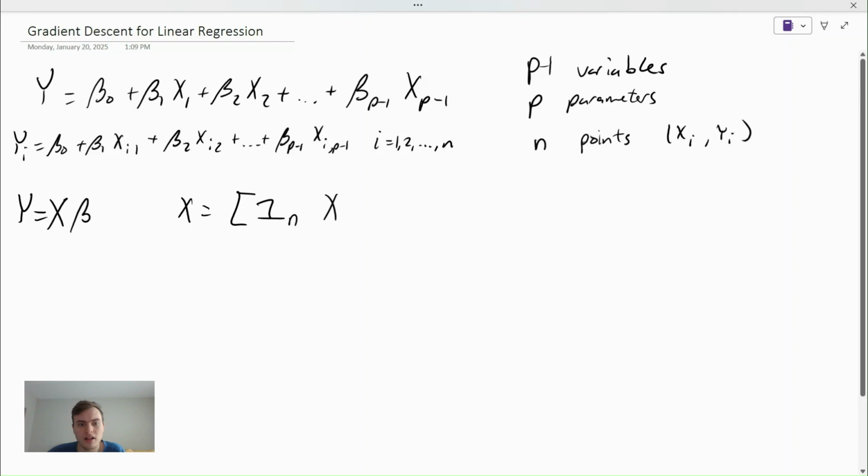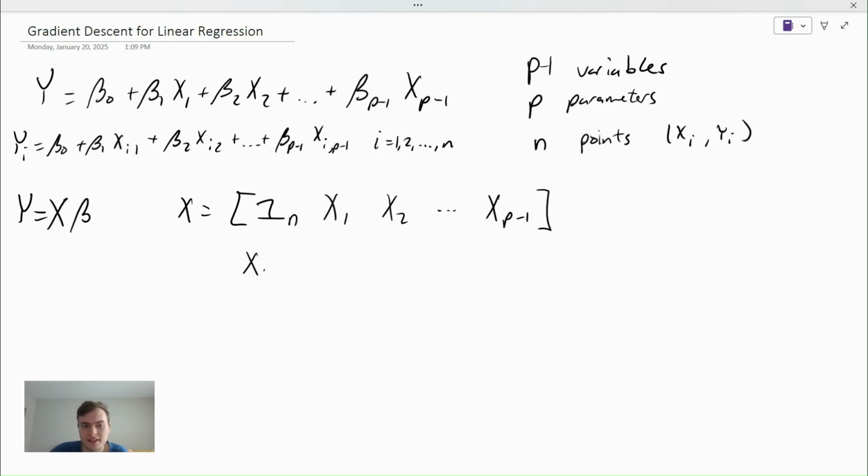And then we have a column for x1, a column for x2, all the way to our column for xp minus 1. And that means this matrix x is size n by p because we have n rows and p minus 1 columns, these p minus 1 variables, plus 1 for the bias, right?